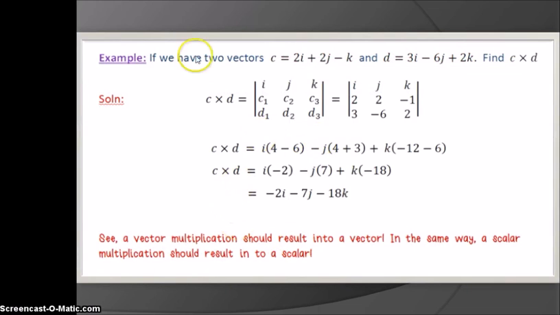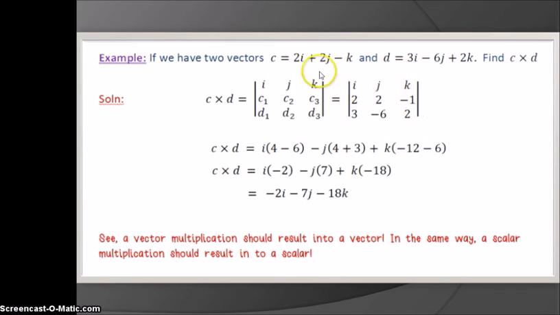For example, if we have two vectors c and d given by this and this, then c cross d is nothing but the determinant of all c's and all d's, taking into account their unit vector parts.